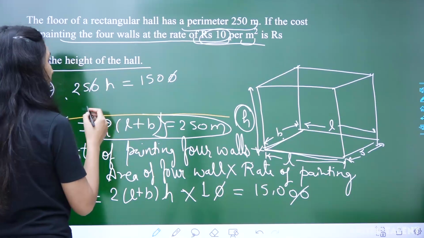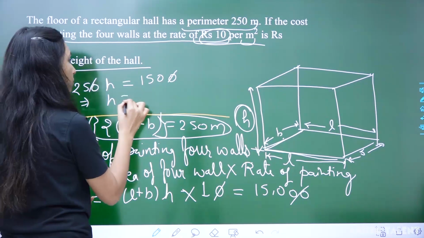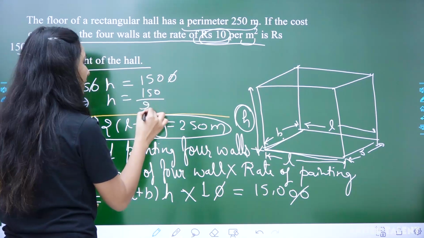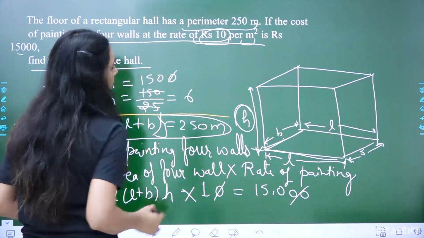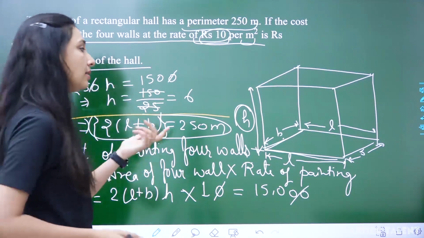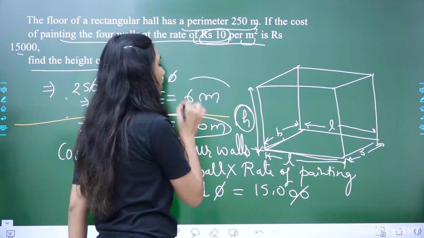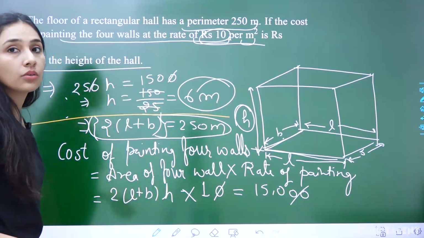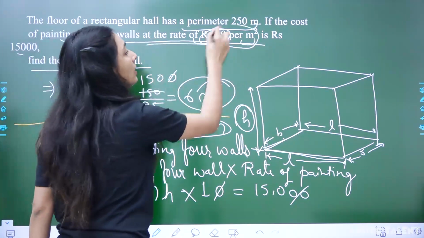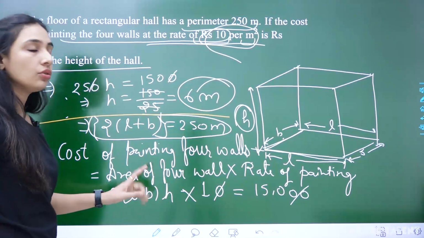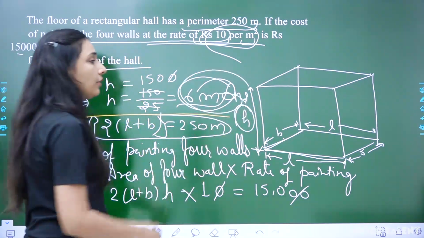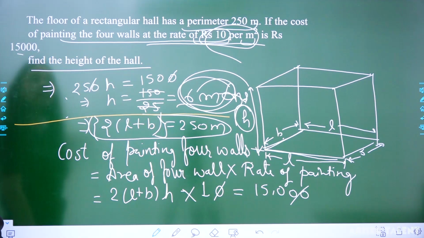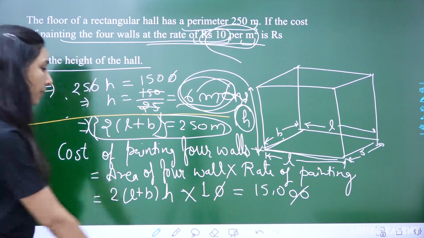So cut it short, and it implies that H equals 150 by 25, which is 6. So height is 6. 6 what? Meters. All dimensions were in meters, so we get the answer in meters also. Understood? Okay.